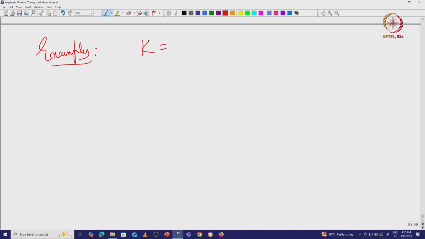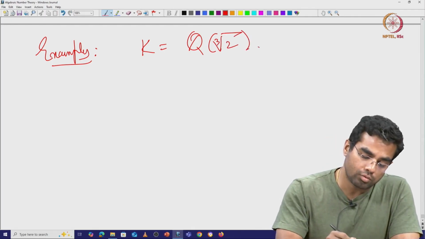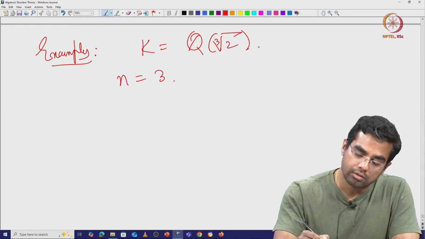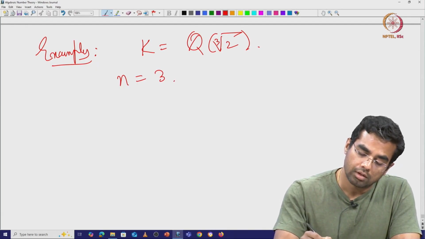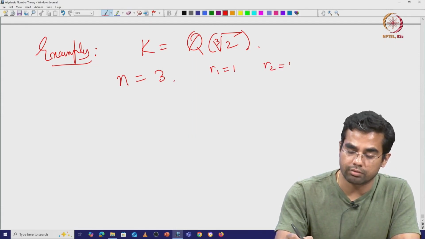So, K is Q of cube root of 2. What is n here? n is of course 3. R1 is 1 and R2 is 1.